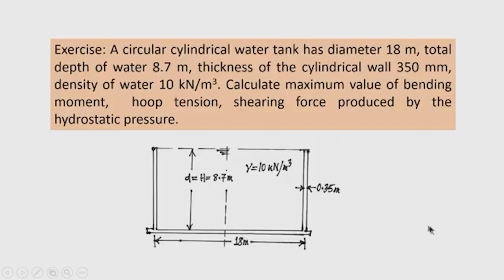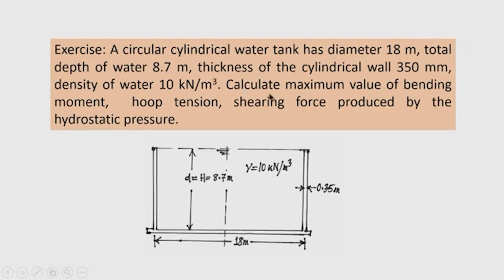Let us discuss a numerical problem. A circular cylindrical water tank has a diameter of 18 meter, total depth of water 8.7 meter, thickness of the cylindrical wall 350 millimeter, and density of the water 10 kilonewton per meter cube.